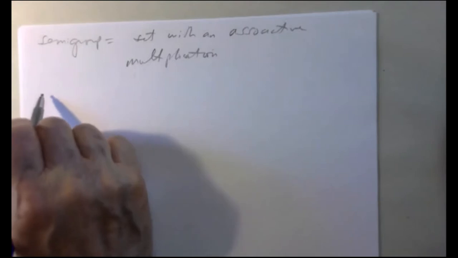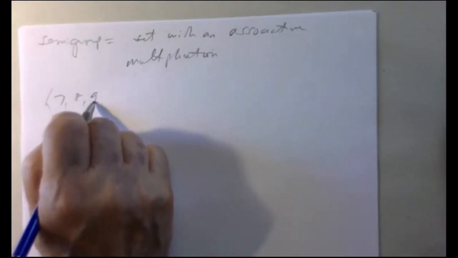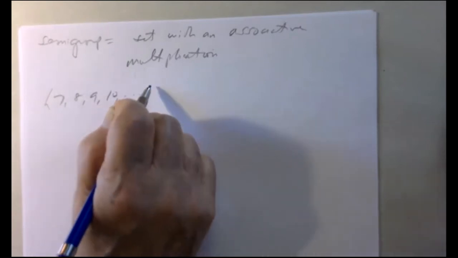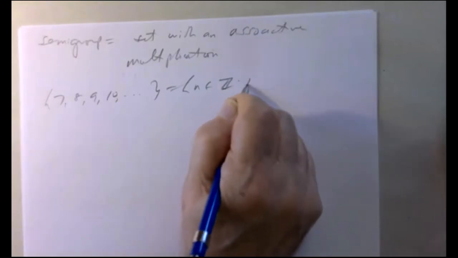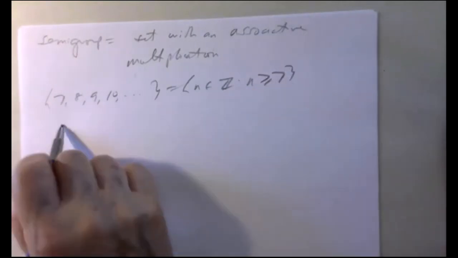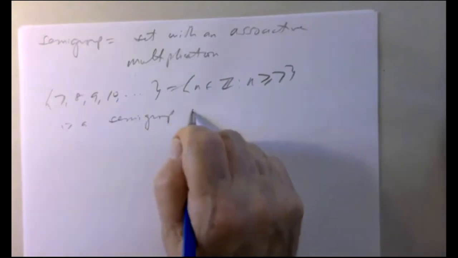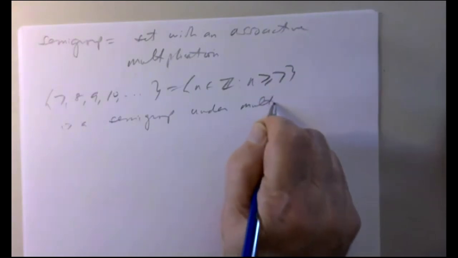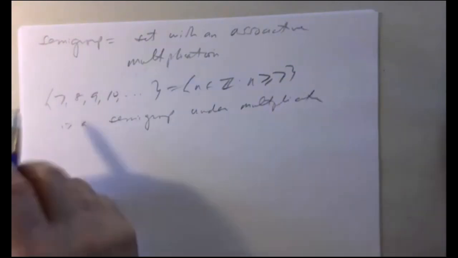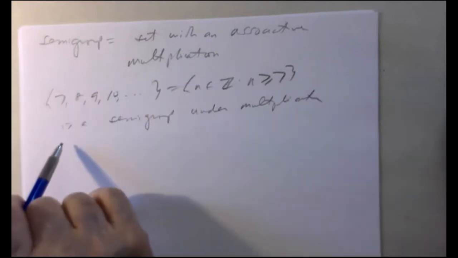For example, if you take the set of all integers from 7 on, this is a semigroup under multiplication, because if you multiply any two numbers in this set, you get another number in the set.